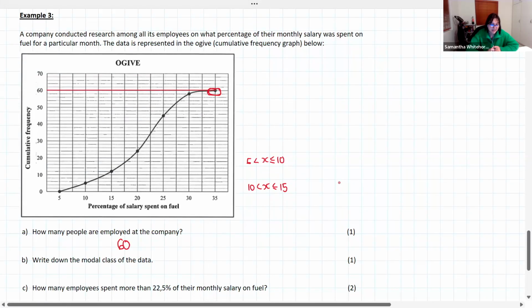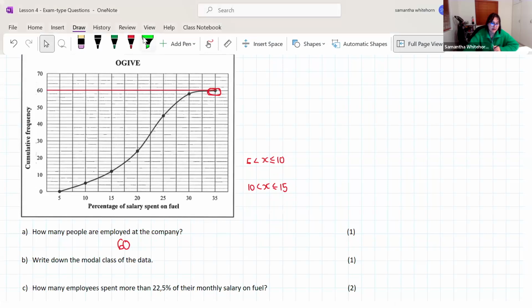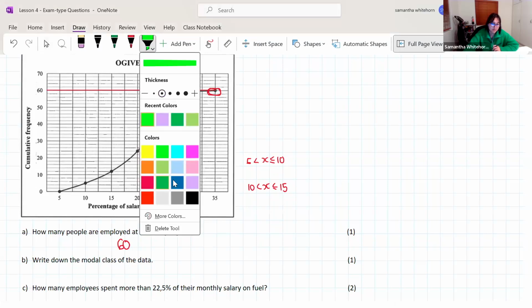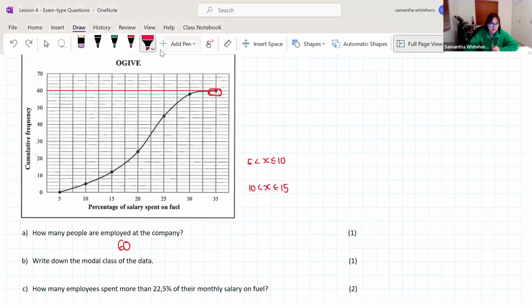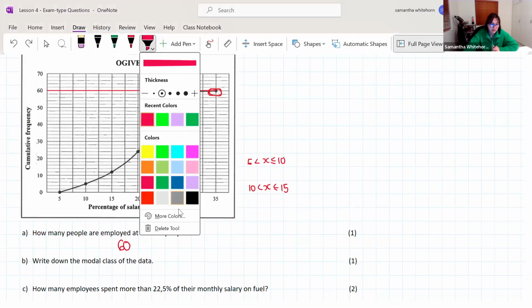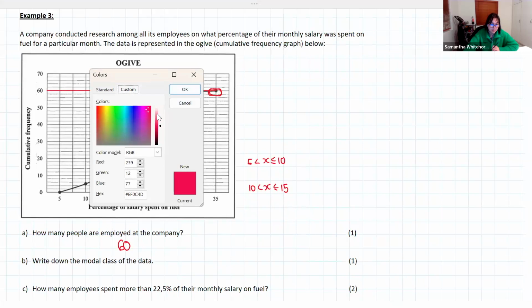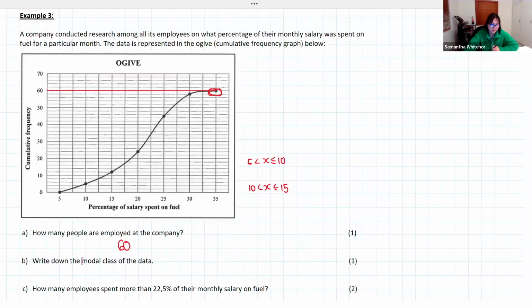Right, question B says write down the modal class of the data. Now I have explained this to you before, but just remember that your modal class or modal interval, that's a bit dark, isn't it? I can't see the writing through that. Your modal class, there we go. Because you don't have a table, you need to use your ogive. You determine the modal class by looking where there is the biggest jump from point to point.